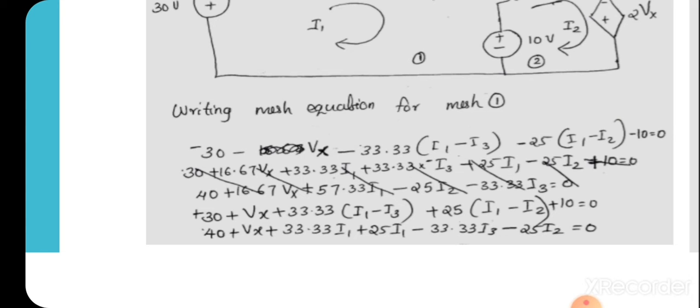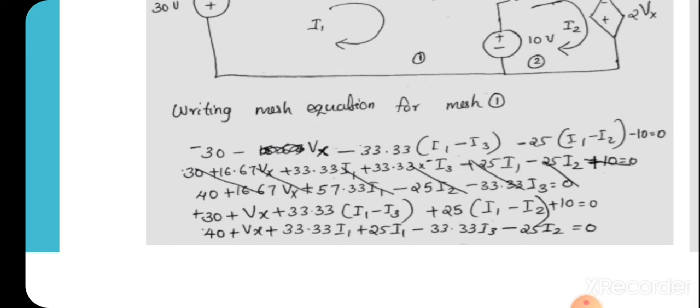You know that there is minus 30 and minus 10, which is minus 40, but when it goes to the right hand side of the equation it becomes 40.